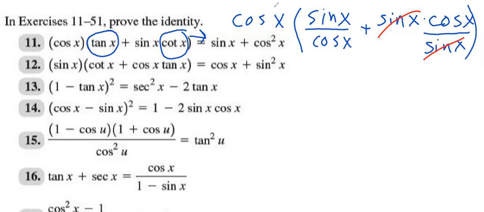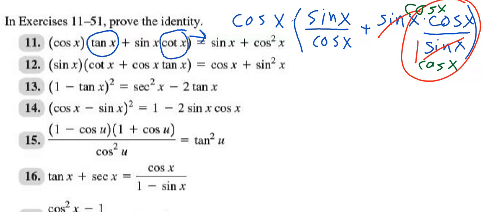Did you cancel out the sine x's? Did you think to yourself, hey, wait a sec, these things don't have common denominators. Maybe I should do something to this fraction to make it a common denominator with the other one. What would you multiply the top and bottom of that by? Wouldn't you multiply by cosine x to the top and the bottom?